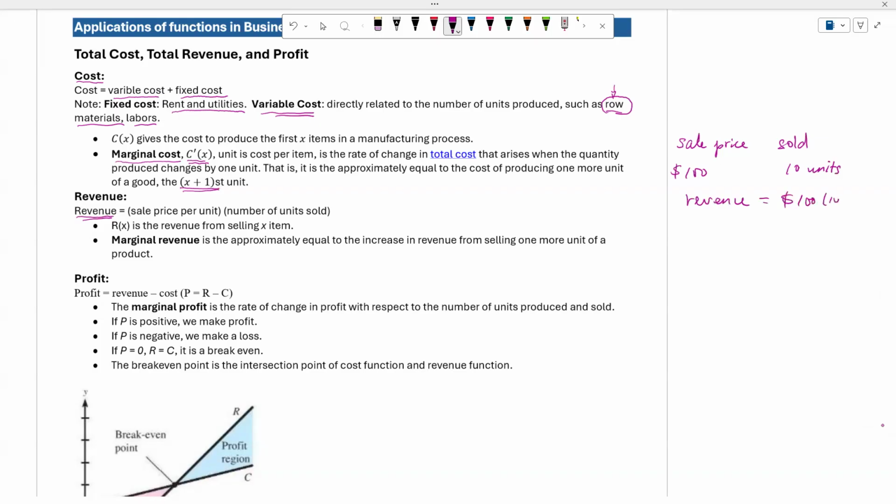Just 100 times 10, which is 1,000. So this is exactly how we find the revenue. And then the marginal revenue is approximately equal to the increase in revenue from selling 1 more unit of the product.